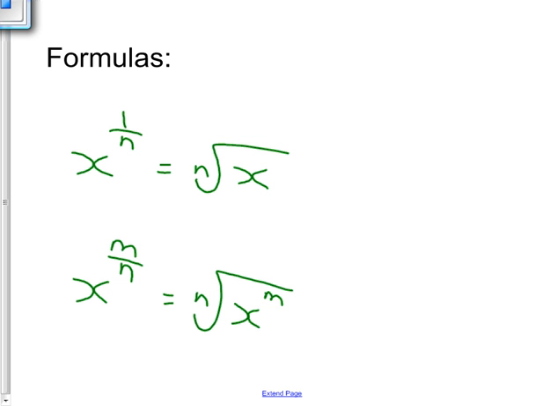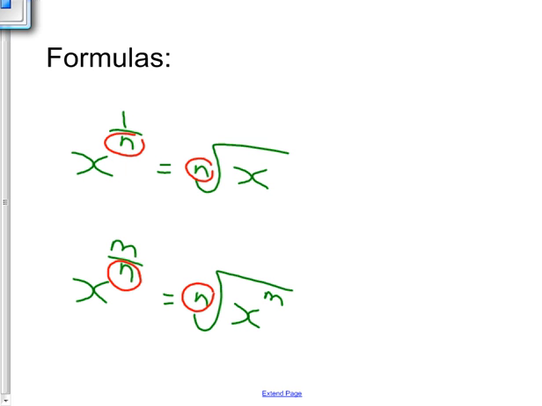See a couple examples here. Oh, that's not so bad. The thing to notice is that the number on the bottom always goes in front of your radical.